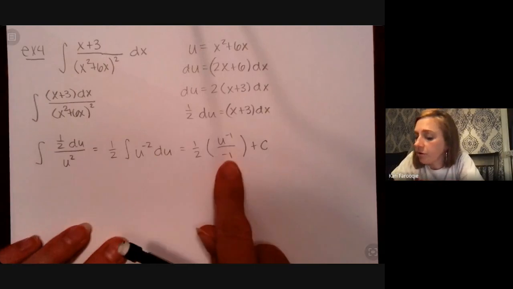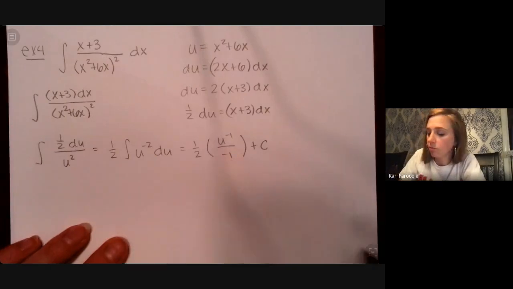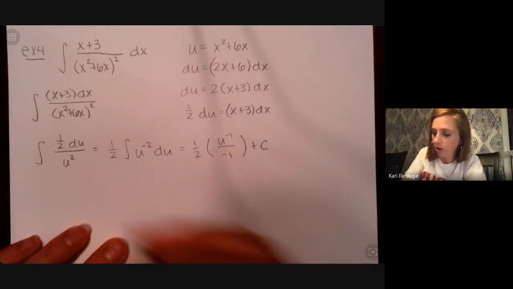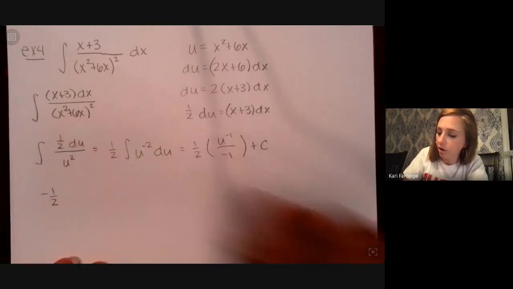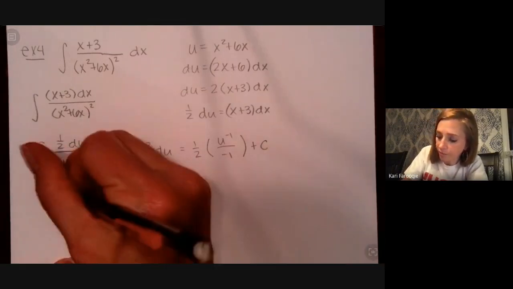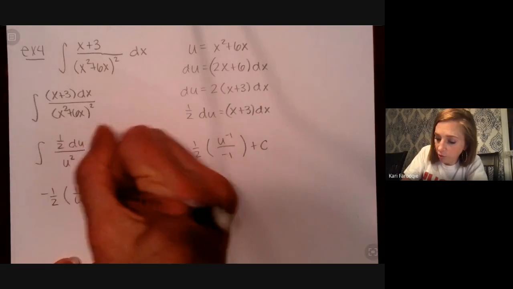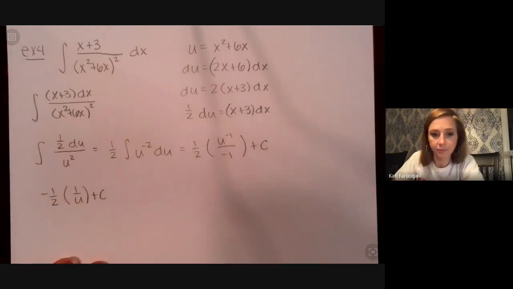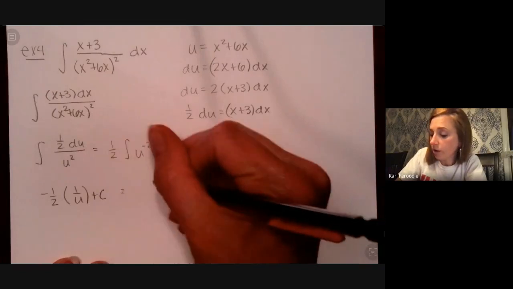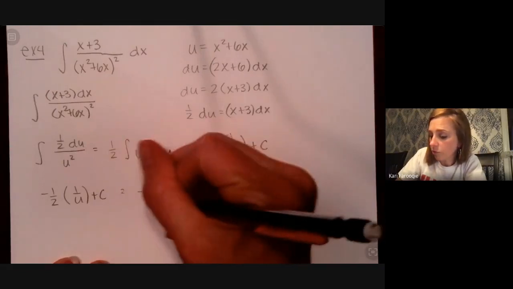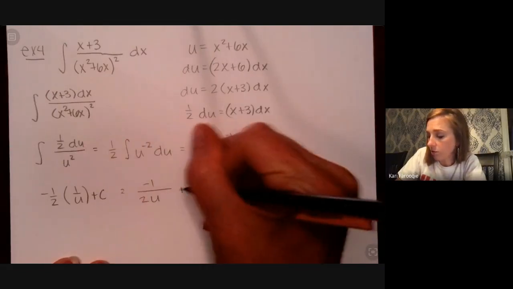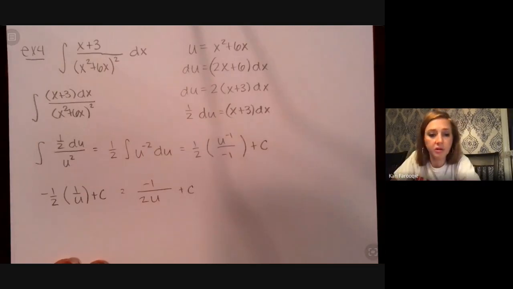Okay. So now the -1 is getting multiplied by the 1/2. Whether you divide it or multiply it is not going to make a difference. So we'll have -1/2 times 1/u plus c. And if you think it looks better, just write it as -1 divided by 2u plus c.